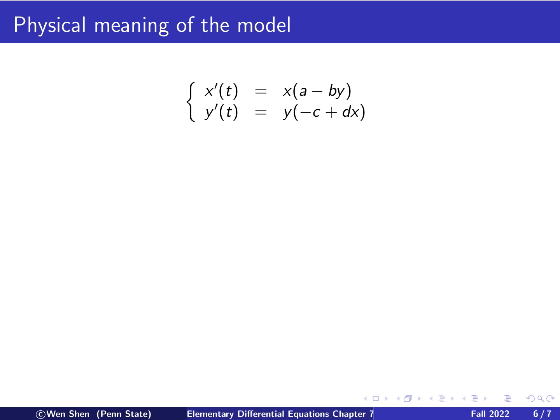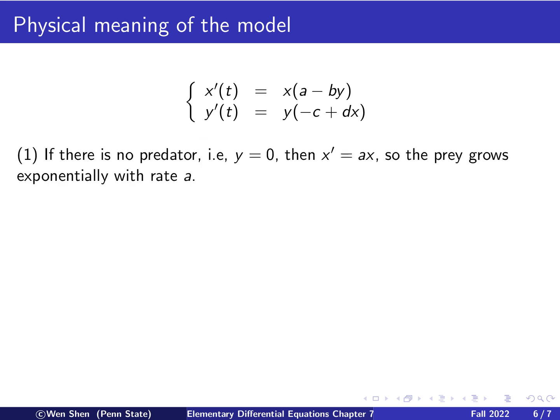Now let's take a look at some physical explanation for this model. Let's consider the case where there's no predator, so y equals 0. If y initially is 0, y will be 0 forever. Therefore, we just have x. So x prime will equal a times x here.